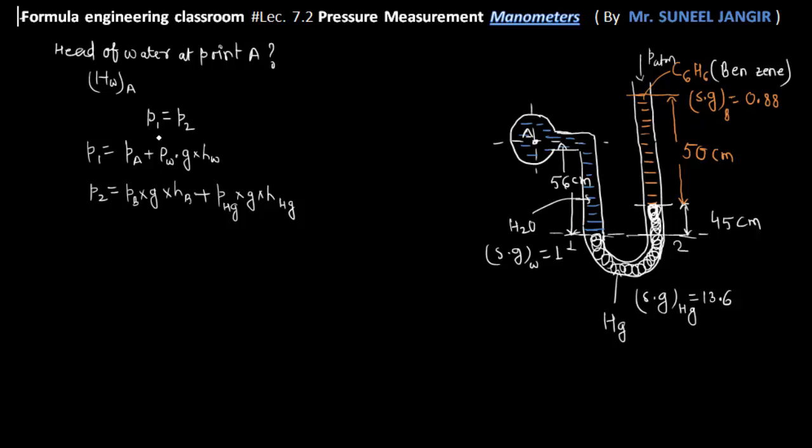And now we know that P1 equals P2. So let's equate them. We can write PA plus rho W g HW equals rho of benzene into g into H of benzene plus, this is rho actually, rho of mercury into g into H of mercury.